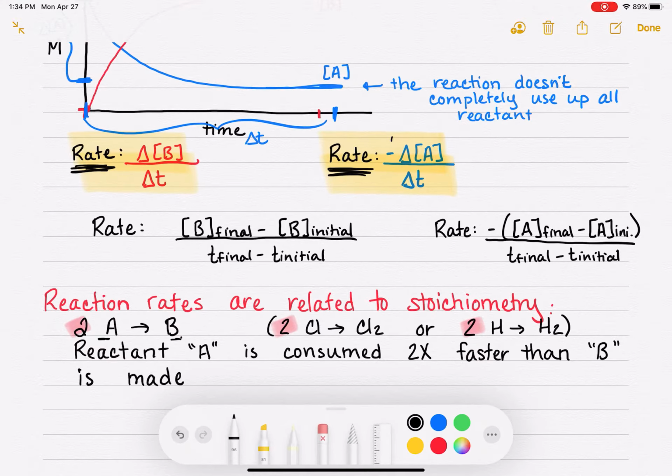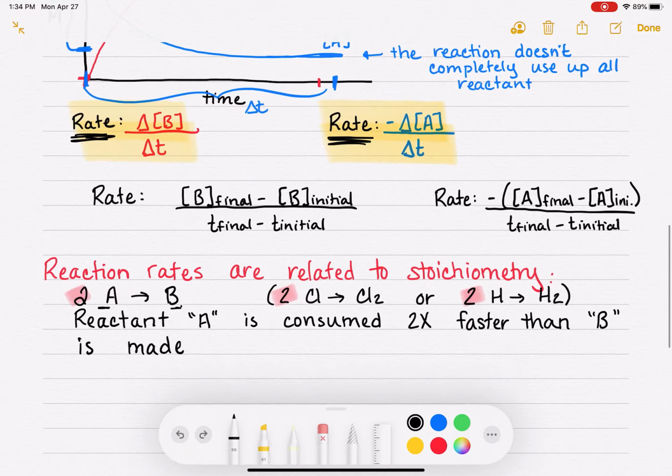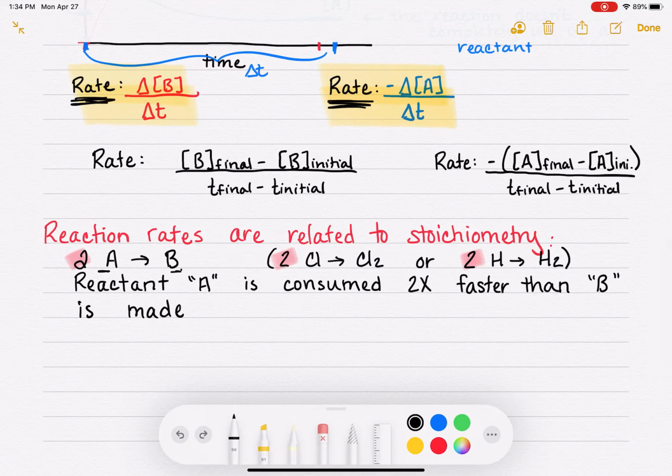And that's why we put that negative sign in there, so that rate would be the same no matter how it's calculated. Well, if A is being used up twice as fast as B, the rate of A will be twice as big as B. And again, we don't want our rates to be different. We want our rate to be the same no matter how we're measuring it.